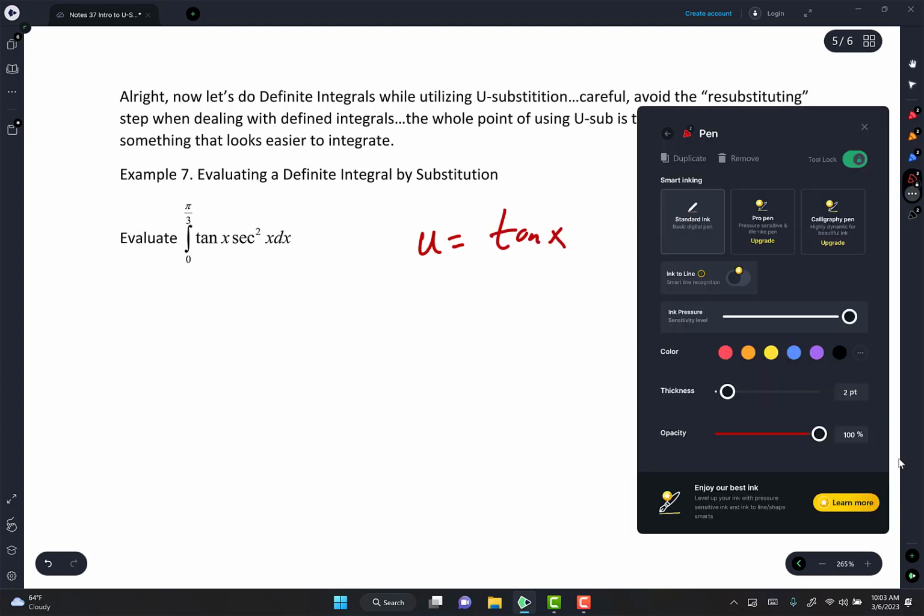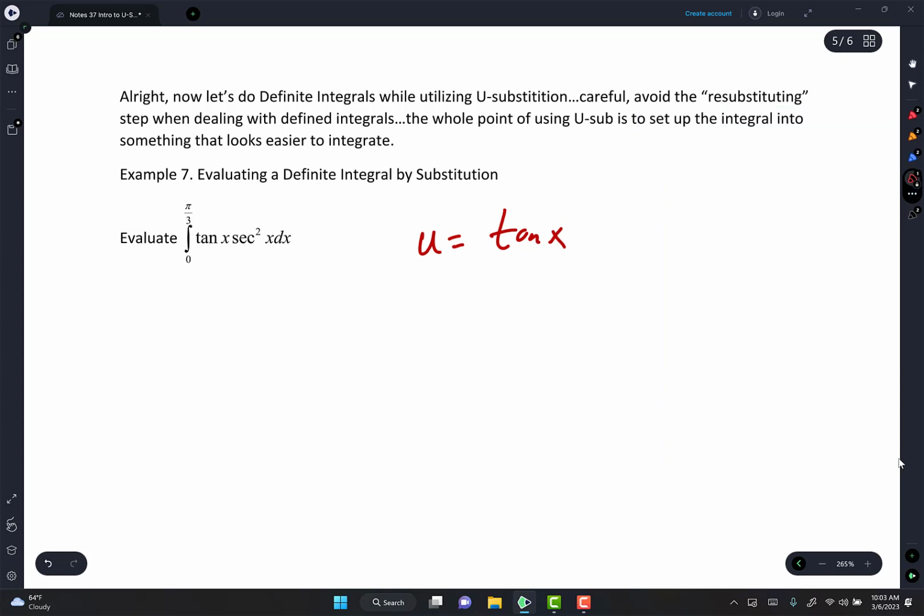Du equals, what's the derivative of tan x? So secant squared x, and then I put a dx on it. Are we okay? I see a secant squared x dx. I see a tan x. So I'm going to write integral u du.